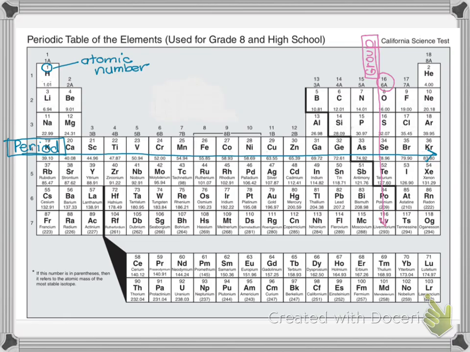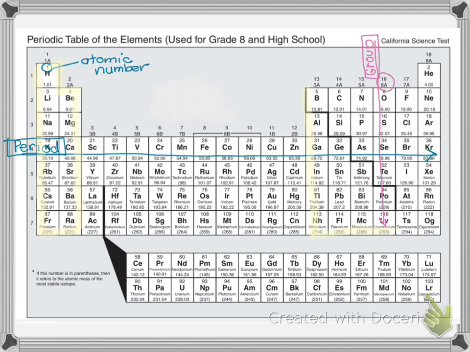So from the previous slide, we had these three words: atomic number, group, and period. Now, the periodic table is broken into several large groups, 3 to be exact, and I'm going to use a highlighter to highlight each one. So the first group is called the representative group, and it is all of the tall columns. So it's everything that has an A on the top of their column.